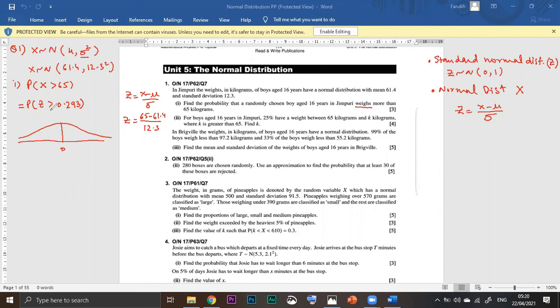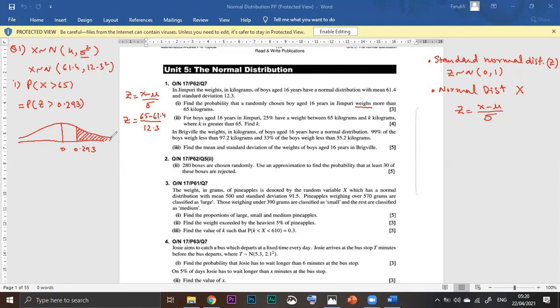Now the value of z is positive 0.293 on the right hand side. Probability of z is greater than 0.293. So we will move towards the right side of 0.293 because z is greater than. This one is the required area we want to find. This one is the required probability.